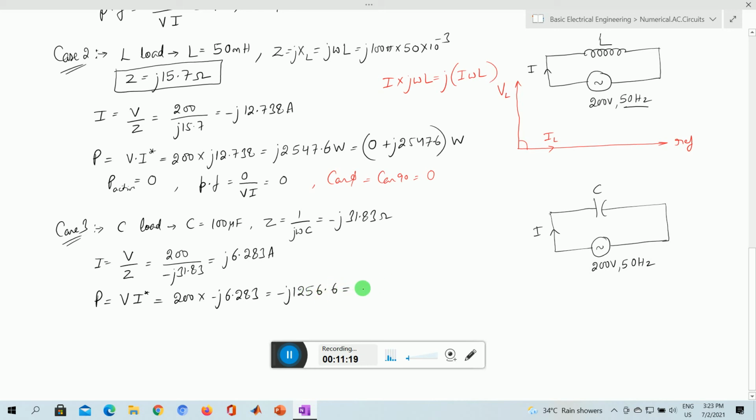So we can write this as 0 minus J 1256.6 watt. The active power is 0. The power factor is also equal to 0.